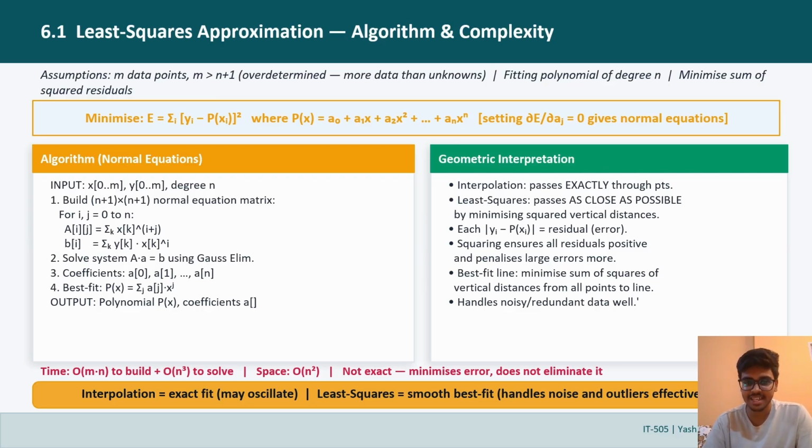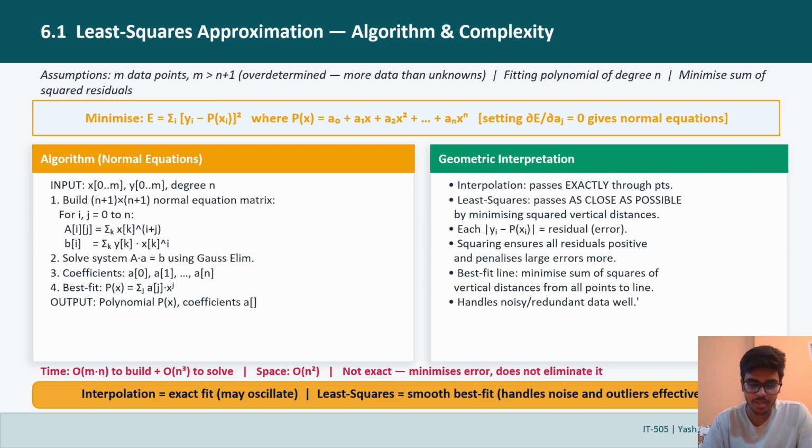Squaring means large errors are penalized much more than small ones, encouraging the curve to avoid extreme outliers. For noisy real-world data, this gives a much more reliable result than interpolation.